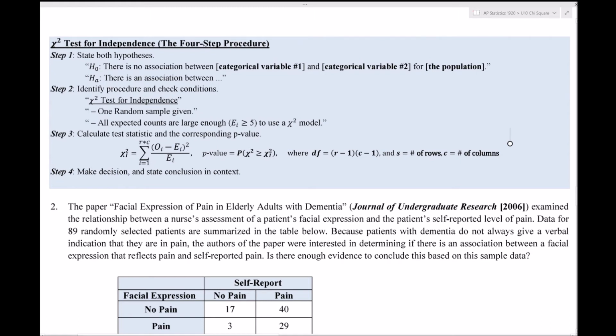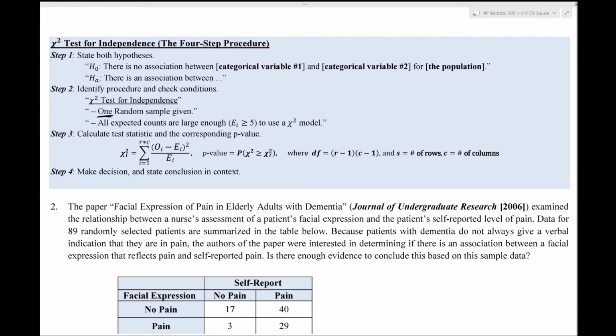And then there's 2 conditions. Random sample, so 1 random sample. Make sure you notice that. For homogeneity, it's however many samples you have, and they have to be independent of each other. So if it were 3 populations that you are comparing, there needs to be 3 independent random samples. In this case, a single random sample is given for independence or association.